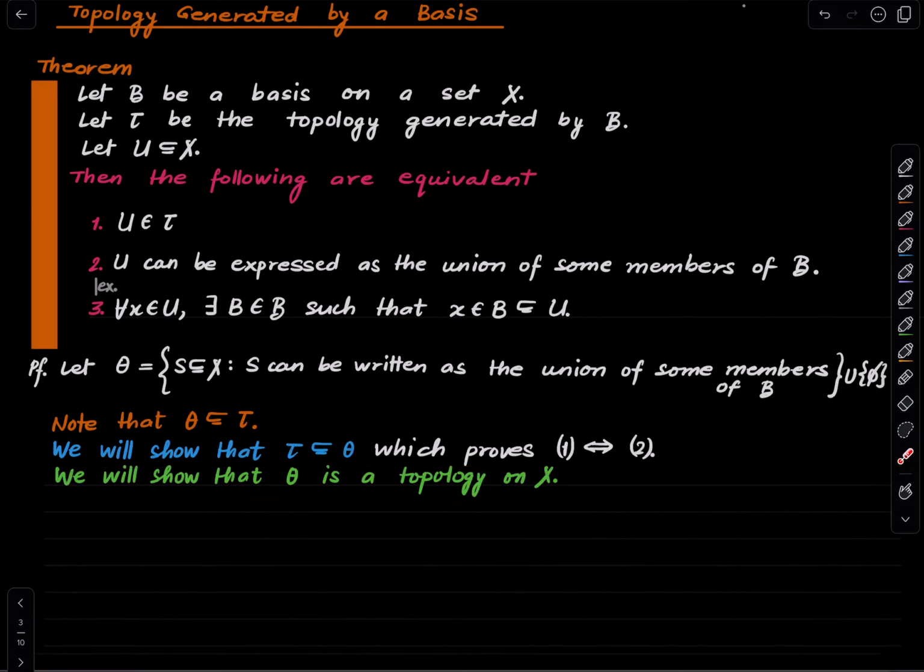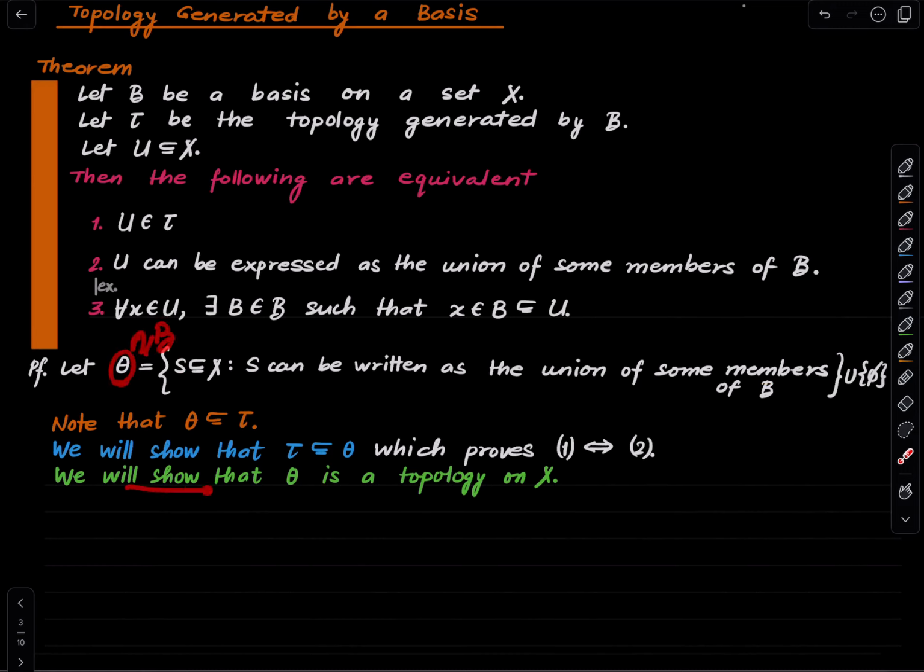Why? Because once theta is a topology, and we already know that theta contains this guy. Why does theta contain the basis? Because clearly every basis element, if S is a basis element, it can surely be written as the union of some of the members of B, namely the member itself. So clearly theta contains the basis.